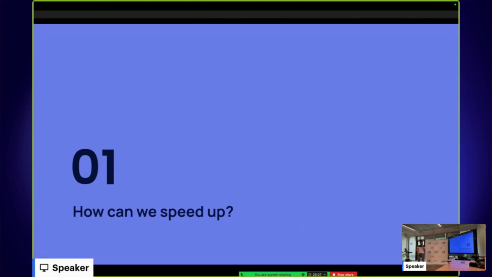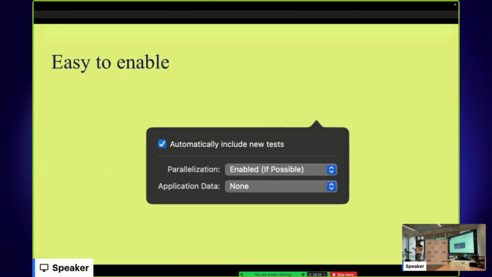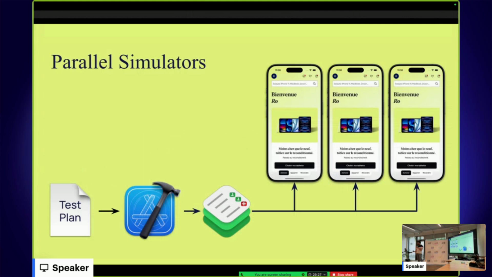So at the beginning, I was like, okay, how can we speed this up? And I took a look at Apple solutions. The first one, the easy one, is parallel simulators. It's a simple checkbox in Xcode that automatically triggers parallel builds.